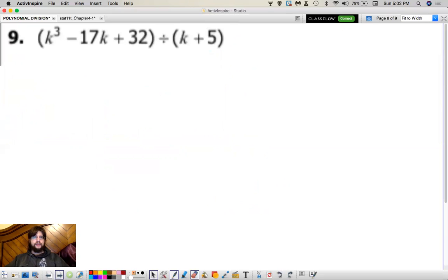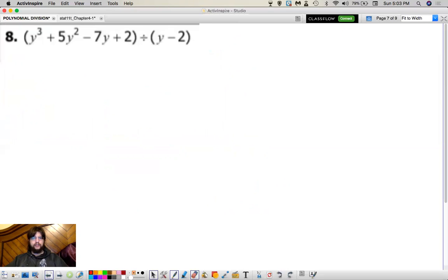Let's see what the next one is. I'll do this one by long division. Just in case you want to do long division, it is much longer, but we can do it. Rewrite it with the long division symbol. And here, technically, you're supposed to use a parenthesis, but you can use a straight line.